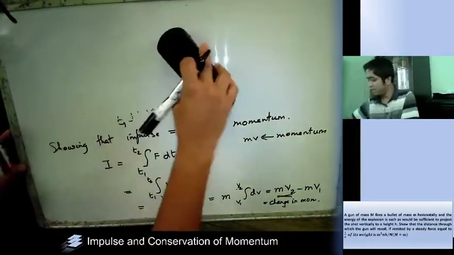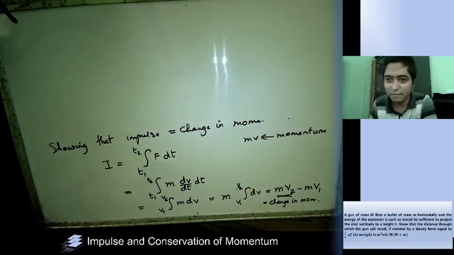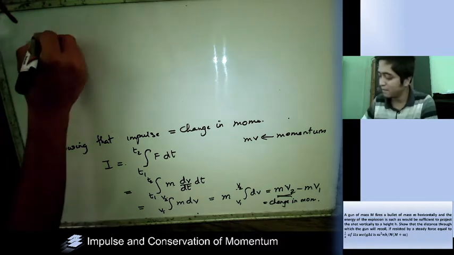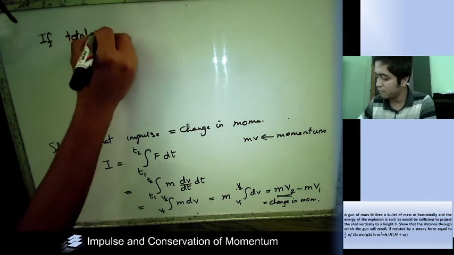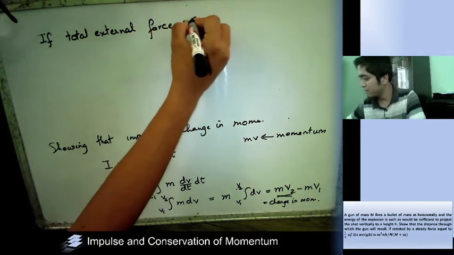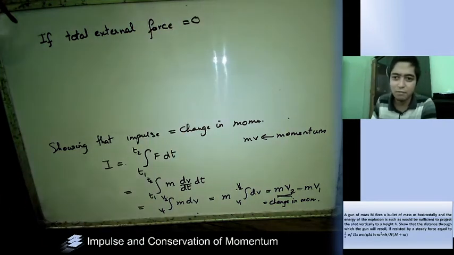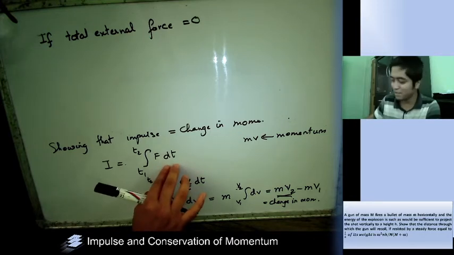What really happens if there is no external force? If the external force is zero, then momentum will be conserved, or it will be constant, because over here the impulse will be zero.